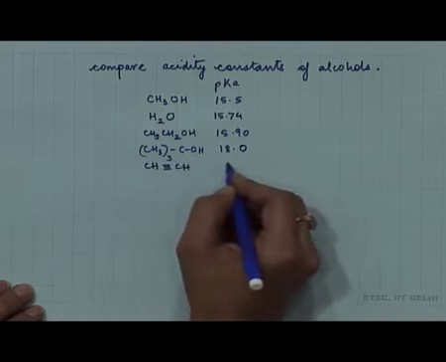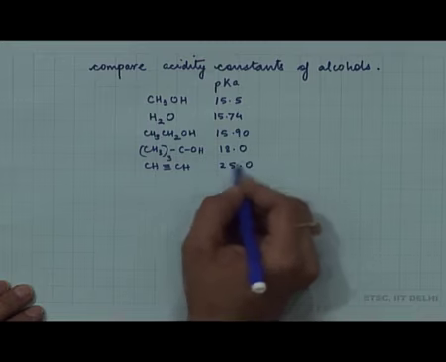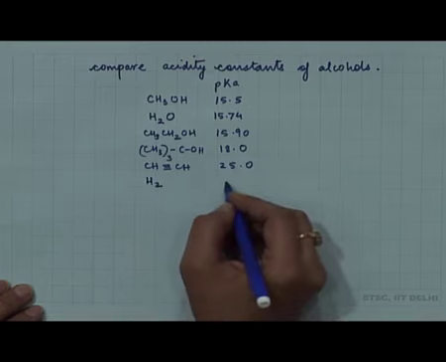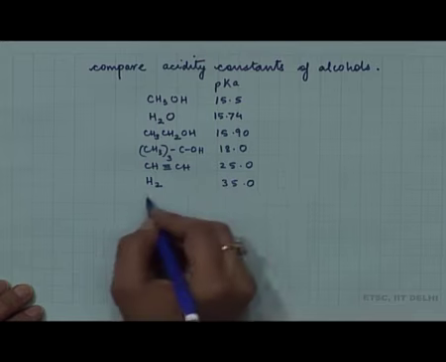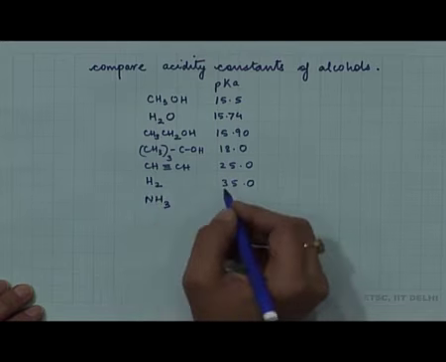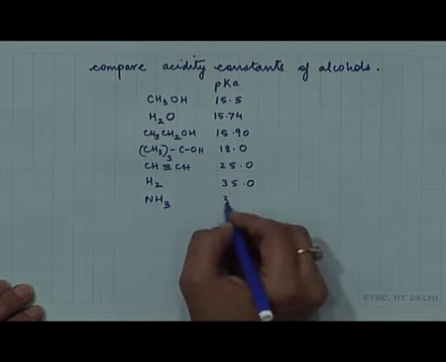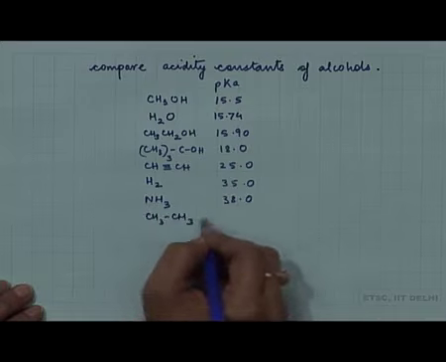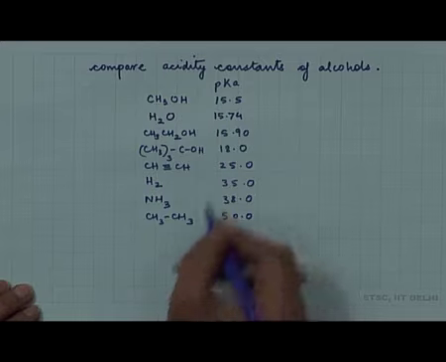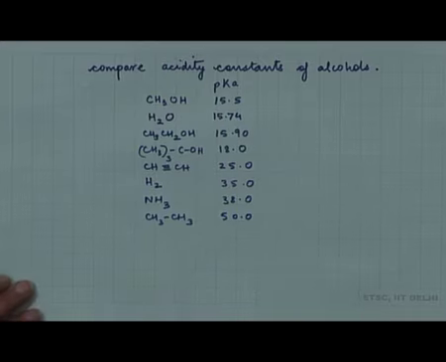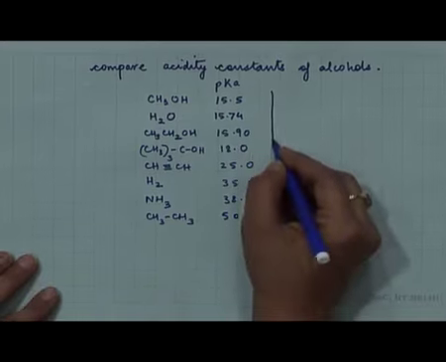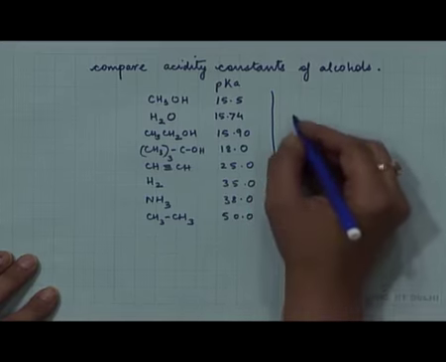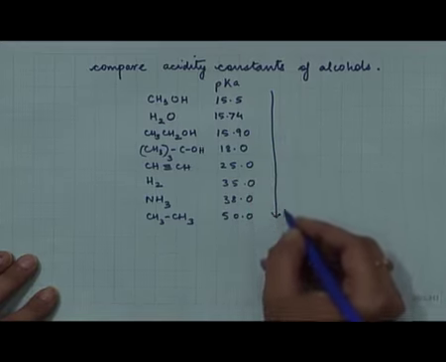Then you move on to other classes of compounds like acetylene, the alkyne. You take hydrogen, which is 35. You take the nitrogen containing molecule ammonia, which is 38, and then you can compare it with a regular alkane like ethane, which is 50. Now, if you look at the pKa values of these molecules, they are increasing, which tells you that the relative acidity is decreasing.